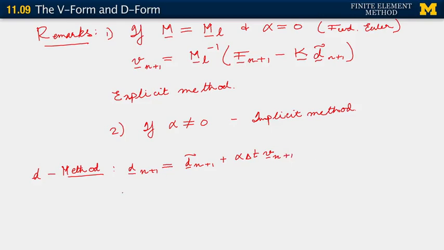All right, what that implies then is we write here we get Vn plus 1 equals d n plus 1 minus d n plus 1 tilde, okay, and divided by alpha delta t. This of course holds only if alpha is not equal to 0.